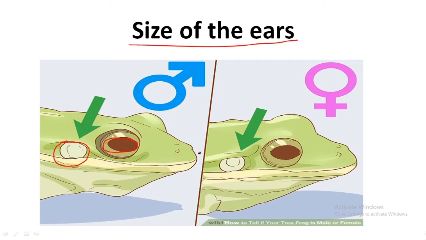On the other hand, in the female, when you compare her ear with her eye, it is almost similar in size. This is a very important feature. Male has a large ear in comparison to his eye, and the female has almost the same size as her eye, right?